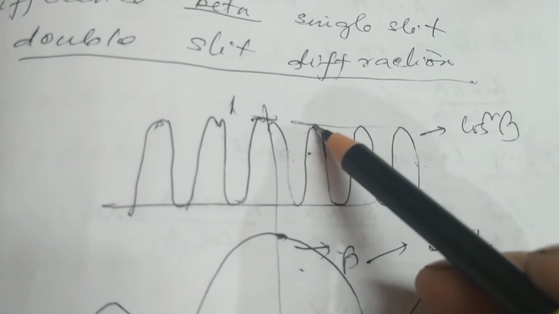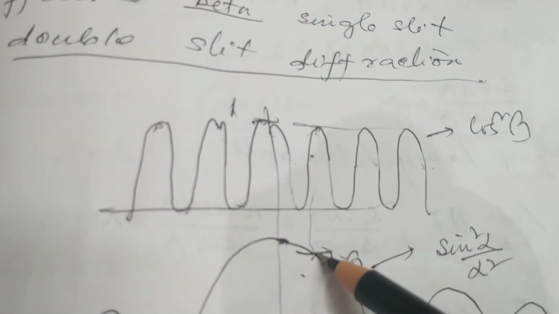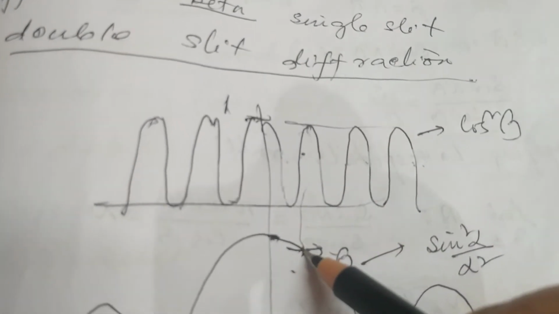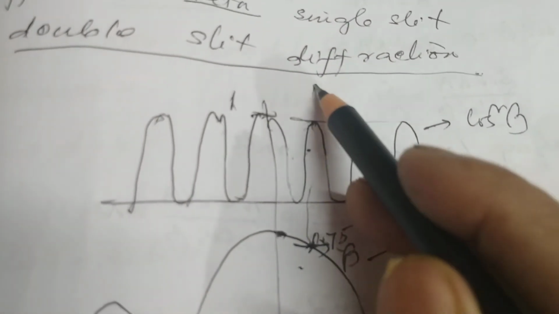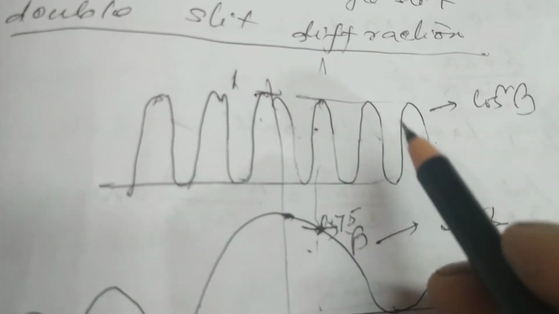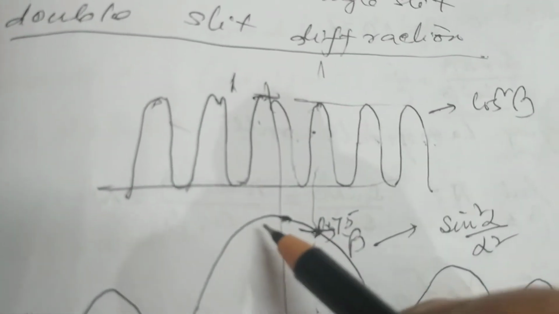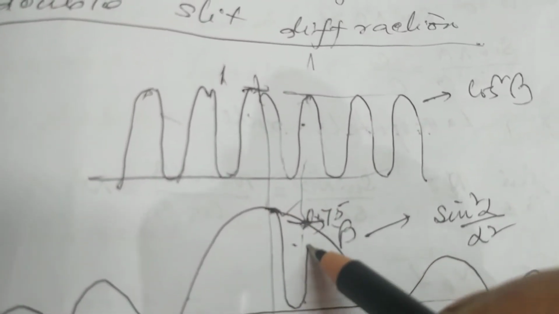Here the value is 1, but here the value is less than 1. Say here this value is 0.75 and here the value is 1. If you multiply these two, what will be the result? 0.75, isn't it? So this intensity will get modulated by this term. So the resultant fringes will look like this.